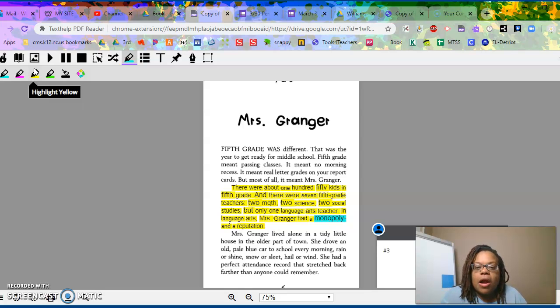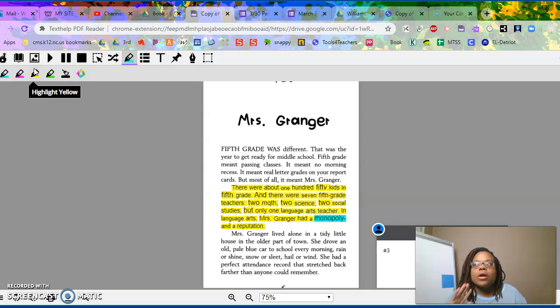It says, there are about 150 kids in fifth grade, and there were 7 fifth grade teachers, 2 math, 2 science, 2 social studies, but only 1 language arts teacher. In language arts, Mrs. Granger had a monopoly and a reputation.